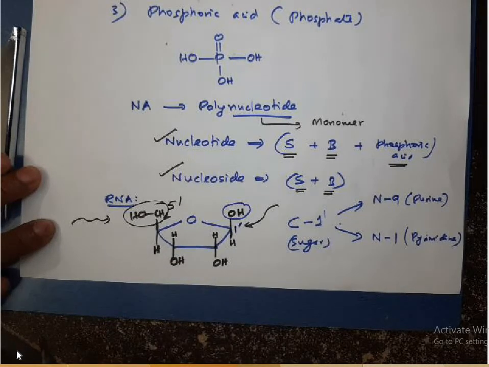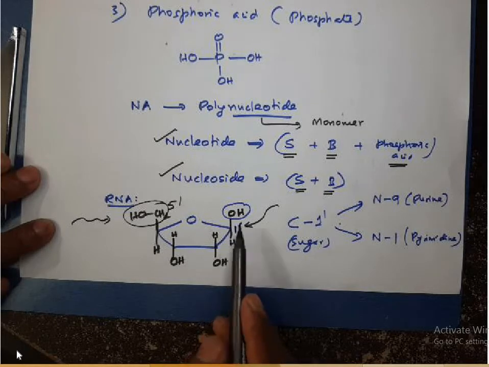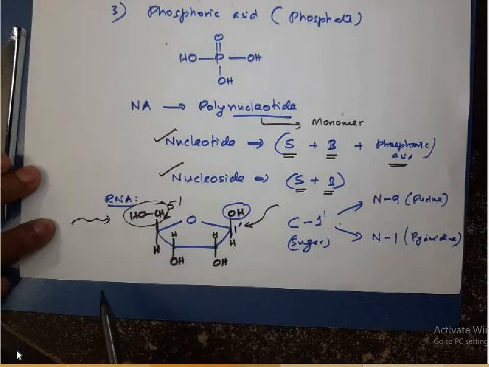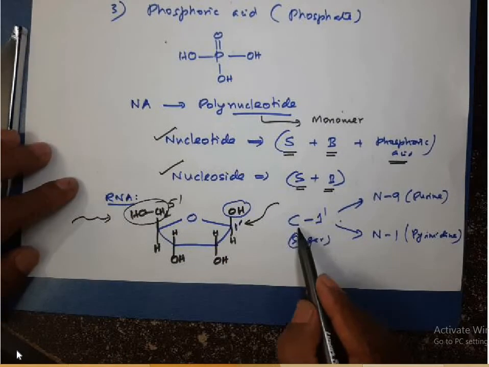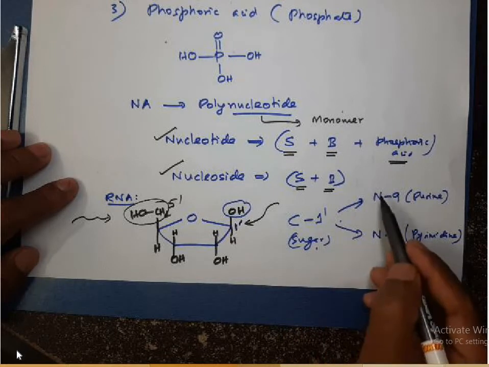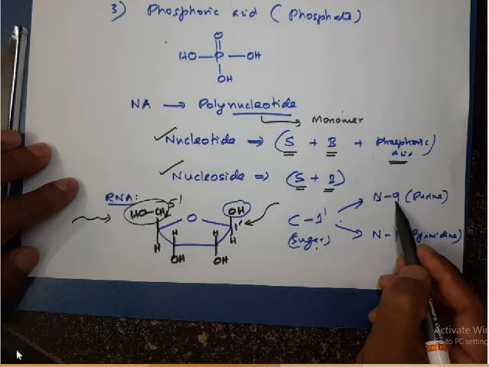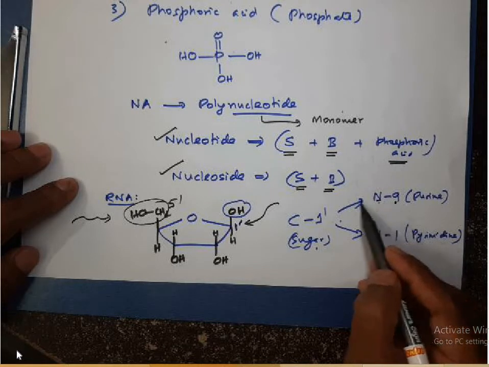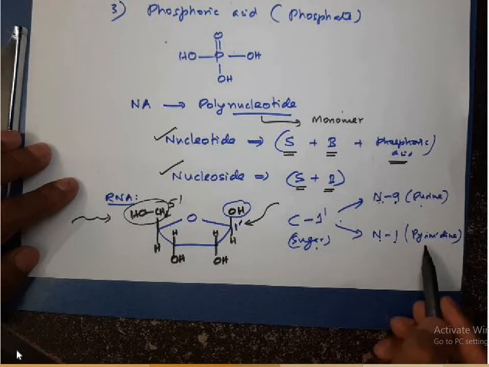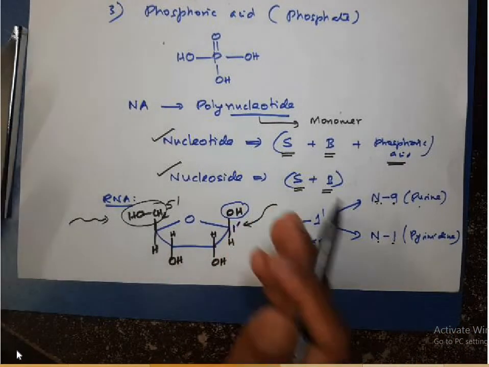This is the 5' carbon. I repeat: the base will join with the 1' carbon of sugar, and the phosphoric acid will connect with the 5' carbon. You will get what is called nucleotide. So that's why I wrote here the C1' carbon of sugar is connected with the N9 position nitrogen in purine and the first position nitrogen in pyrimidine. What I am trying to say?